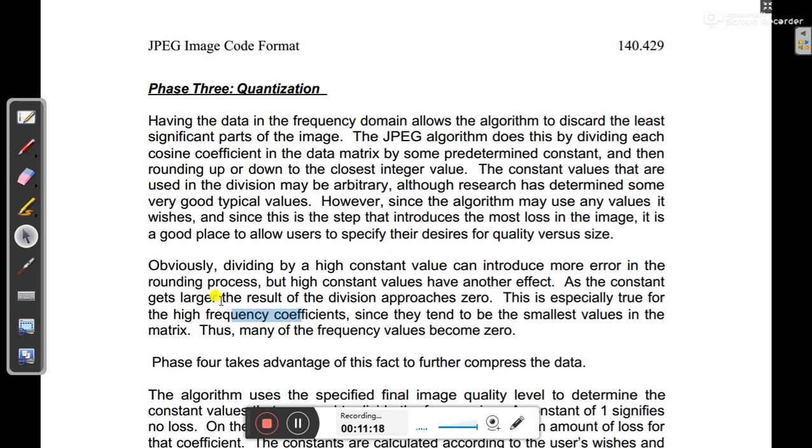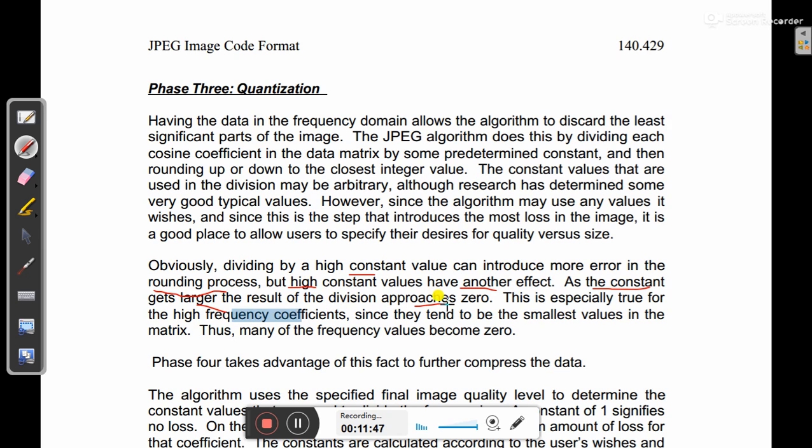So that is also one very interesting phase, because if you divide by a high constant value, it can introduce more error, and you might find lots of information that will be rounded to a near constant. But high constant values have another effect. On the other hand, as the constant gets larger, the result of the division approaches zero.